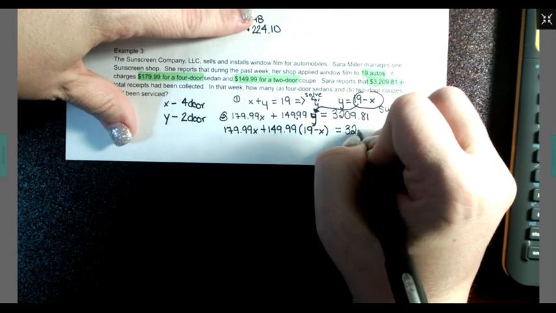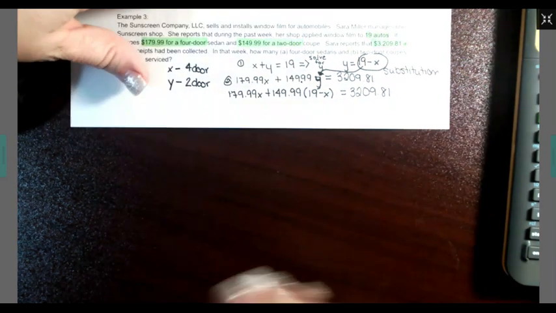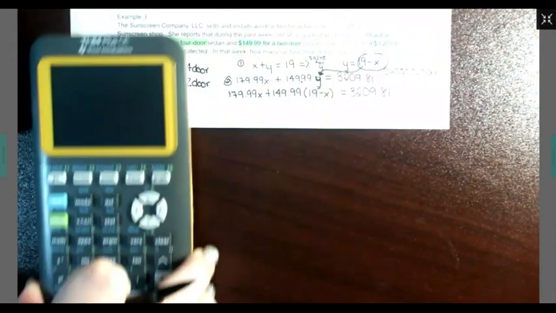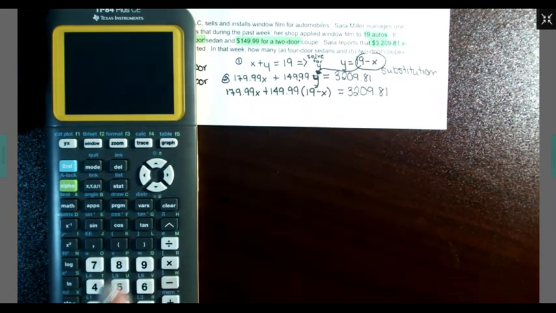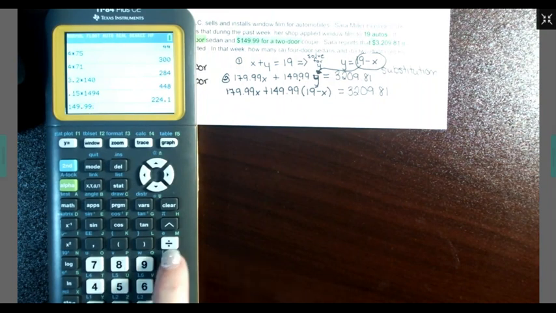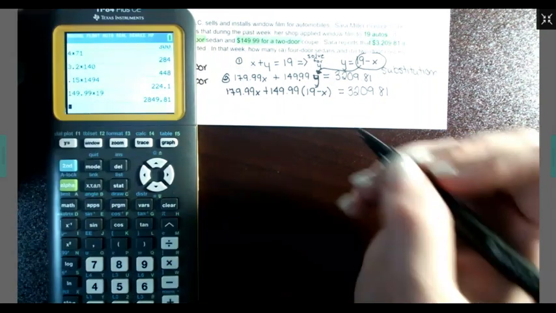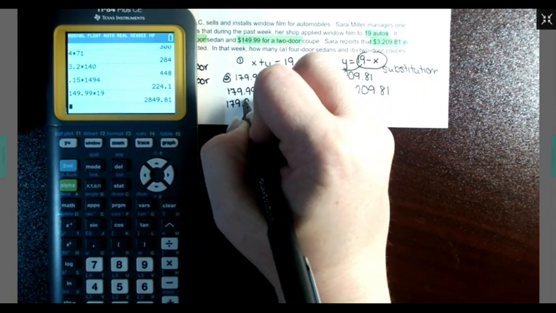So we got $3,209.81. Now we're going to do some math here. What's $149.99 times 19? Ooh, that's a big number. I'm going to bring down this 179.99x.